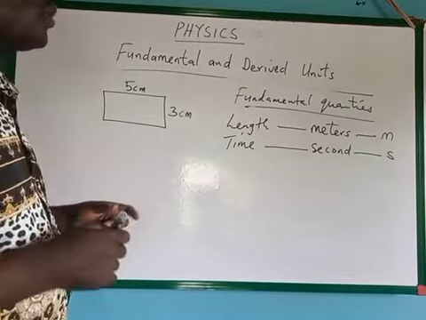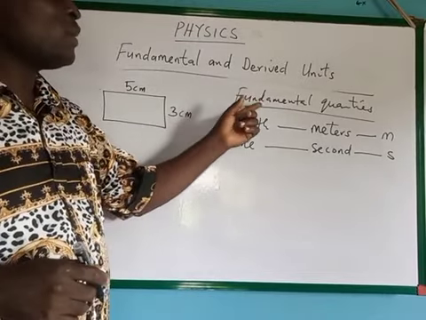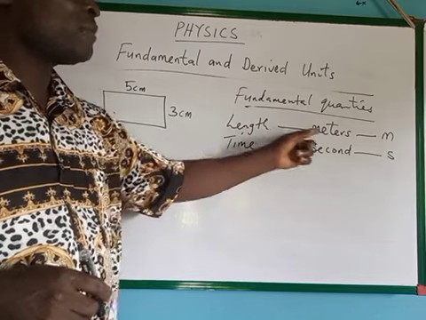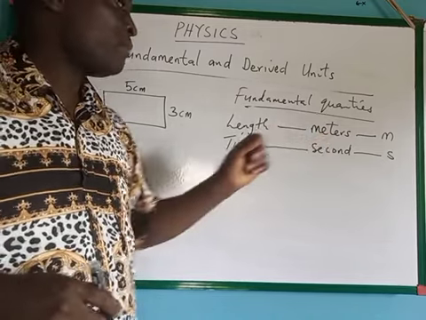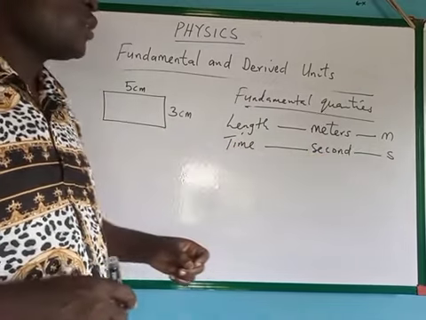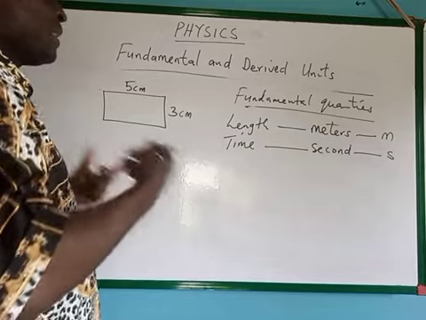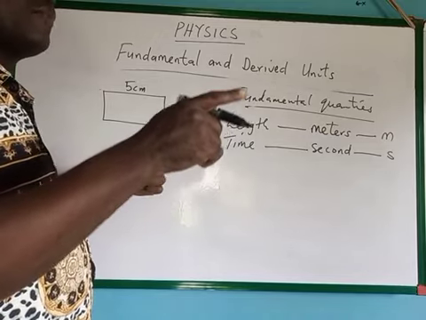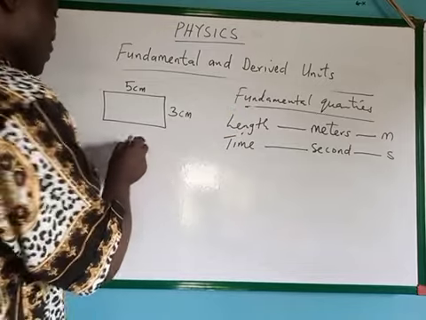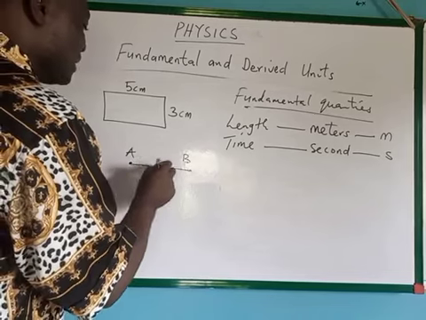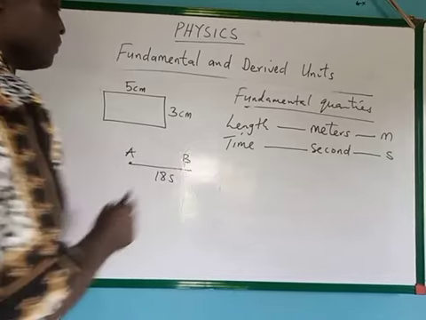The symbol for that is s. So the examples you have given, we have length. The SI unit of length is meters. The symbol is m. The SI unit of time is seconds. The symbol is s. So if, for instance, you ask me what time did it take this vehicle to move from point A to point B, I will tell you 18 seconds.